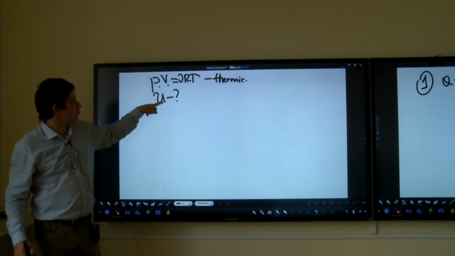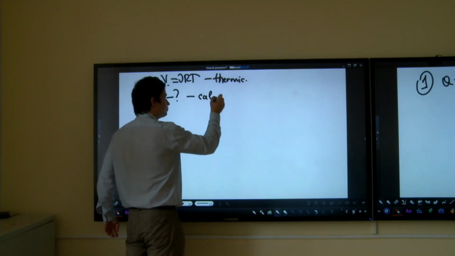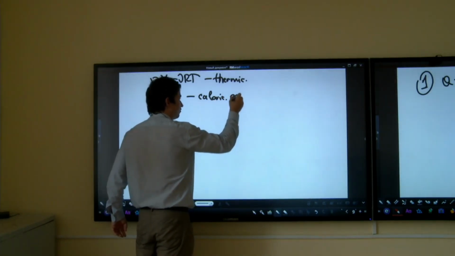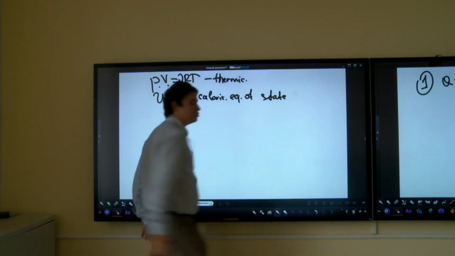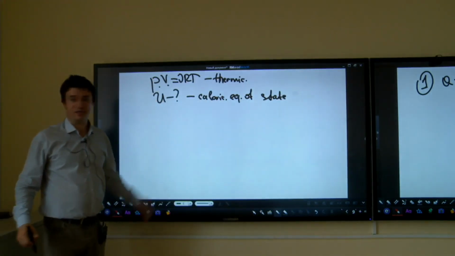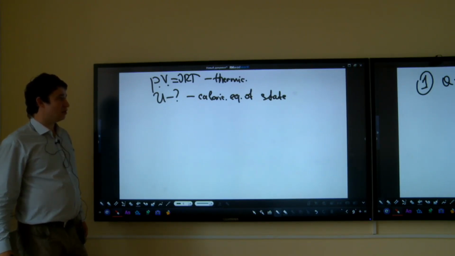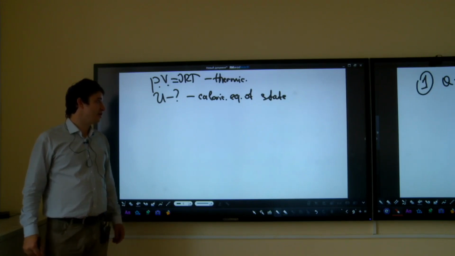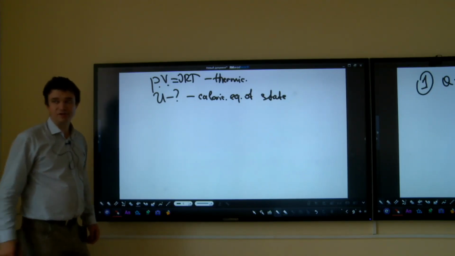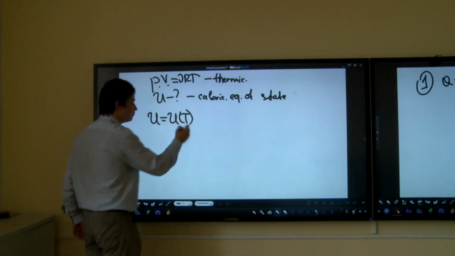But you need also a so-called caloric equation of state, which determines your internal energy. In the case of the ideal gas, well, actually, what we can say about the internal energy of the ideal gas is only the pressure.